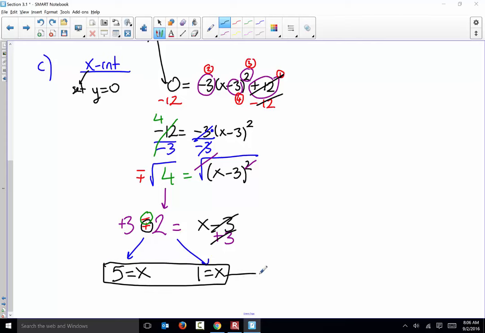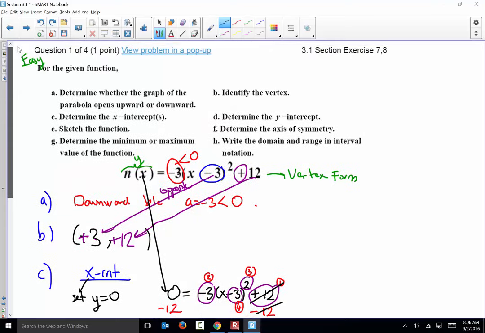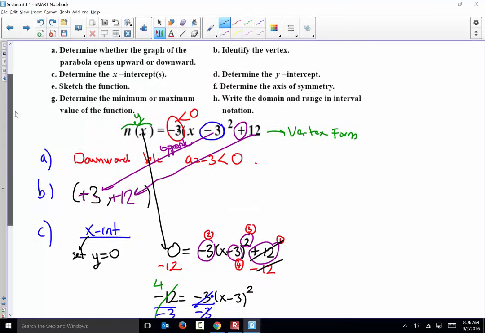So these are the x coordinates, or (5, 0) and (1, 0) are the x-intercepts. Correct? 5 and 1, which I found, is actually the x-coordinates of the points. Why the y's are 0? Because these are x-intercepts. They happen to be on x-axis. Anything on the x-axis has y value 0. Alright, we're almost halfway. Any questions?